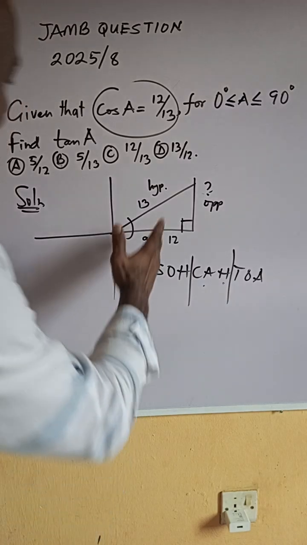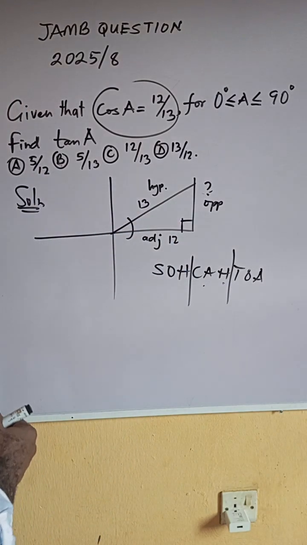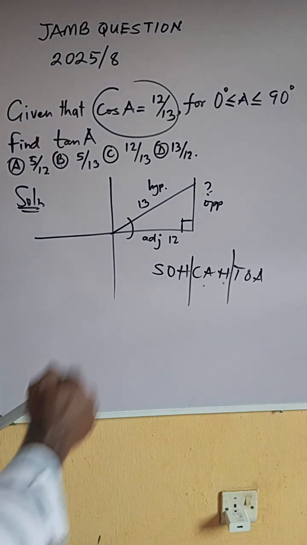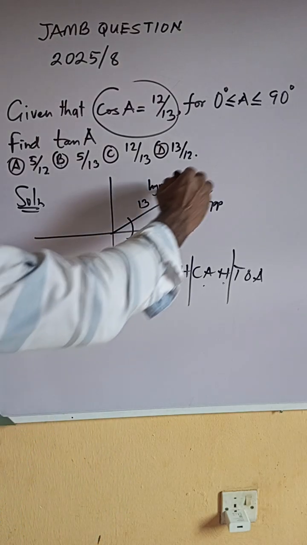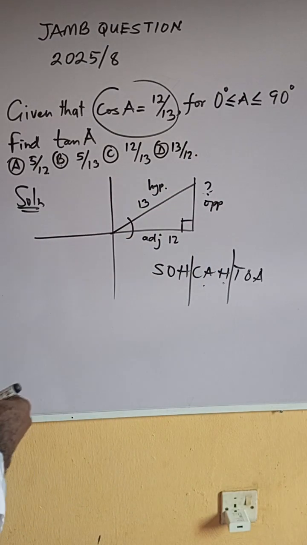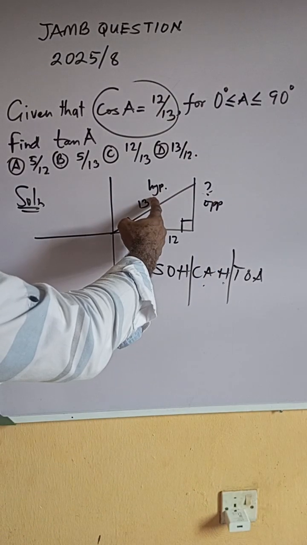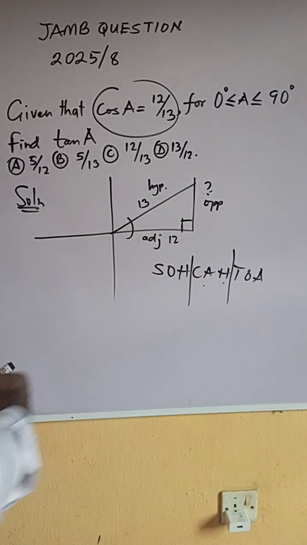Now, again, we are dealing with a right angle here. So, there's a rule we call Pythagoras rule. Pythagoras rule states that in a right angle triangle, as you can see, this is a right angle triangle, the square of the hypotenuse is equal to the sum of the squares on the opposite and the adjacent.